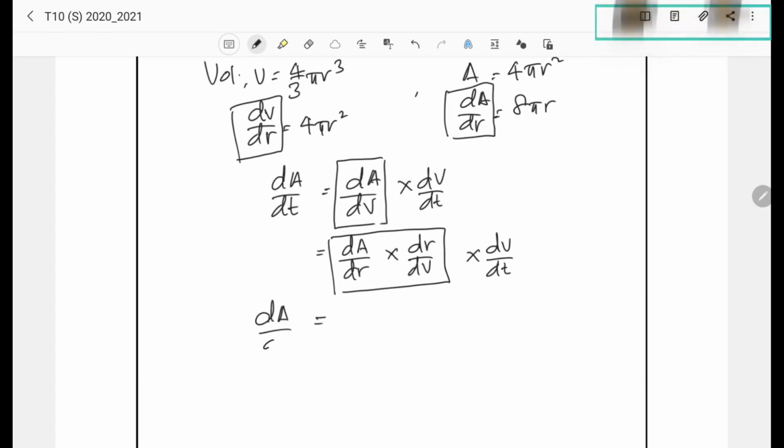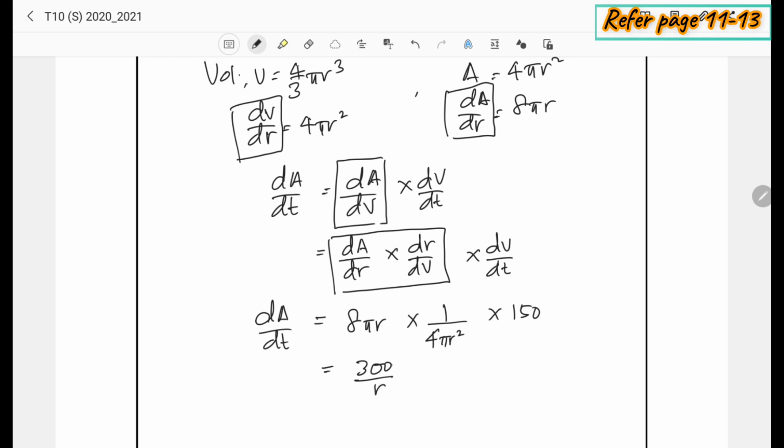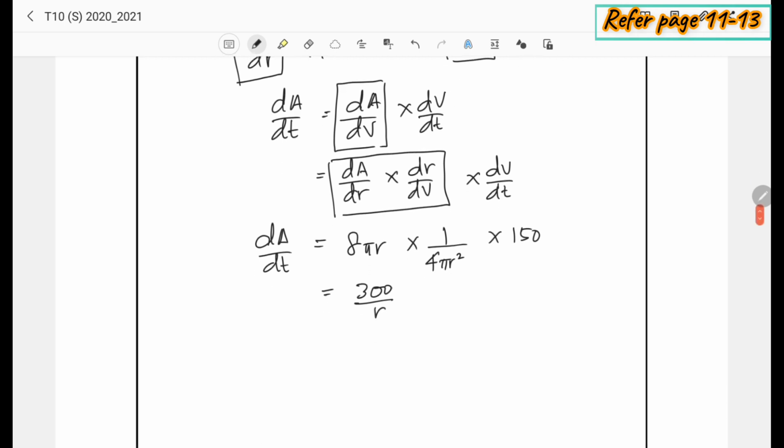So let's substitute. dA/dt, that will be dA/dr, which is 8 pi r, times dr/dV, which is 1 over 4 pi r squared, times dV/dt, given just now as 150. Simplify, we get 300 over r. When r equals 6, dA/dt is 300 over 6, so we get 50 cm squared per second.